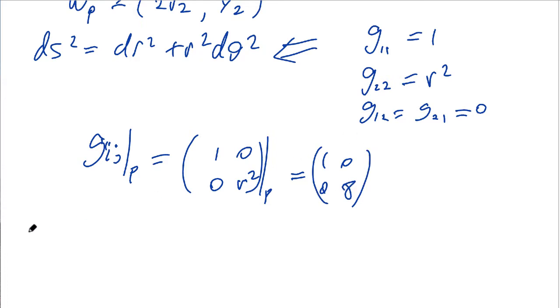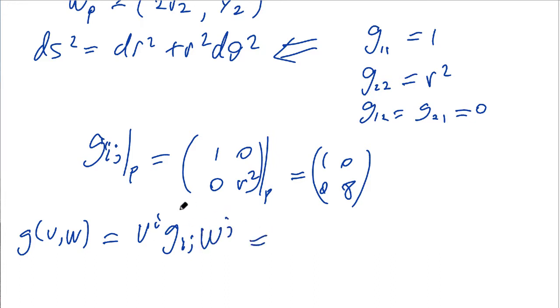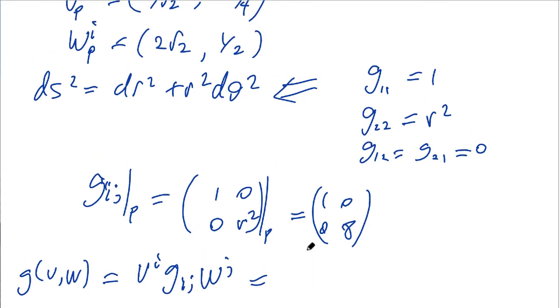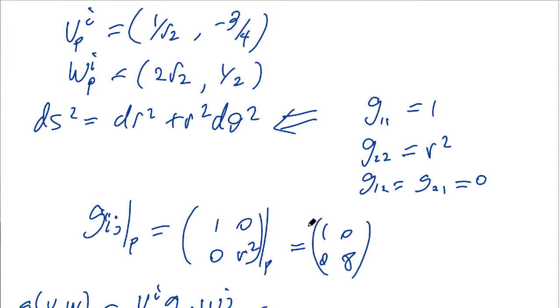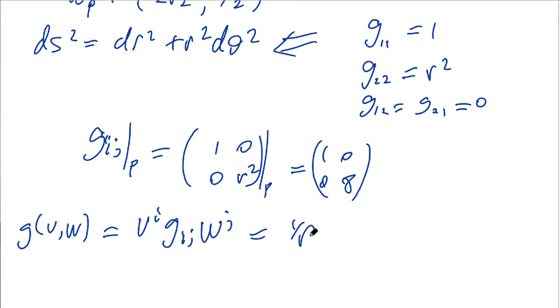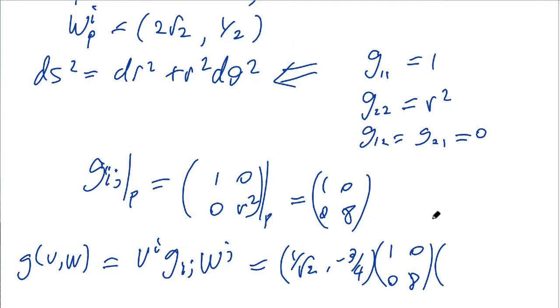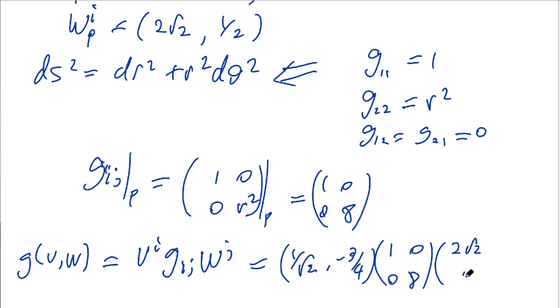Now if I take the inner product, I could write that as v^i g_ij w^j. And again, these sums over i and j can be converted into just linear algebra notation. Take this vector, 1 over square root of 2, comma, minus 3/4, times this matrix, 1, 0, 0, 8, times this vector, written in this case as a column vector, 2 square root of 2 and 1/2.